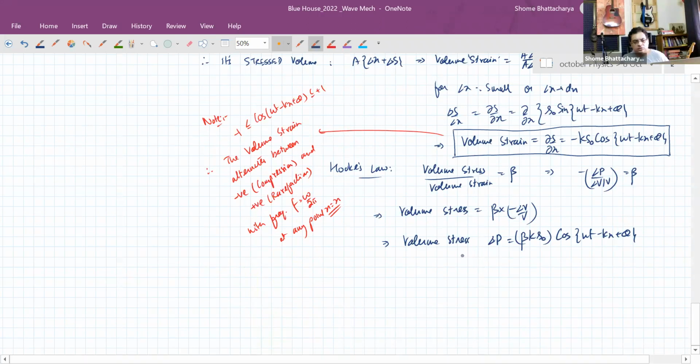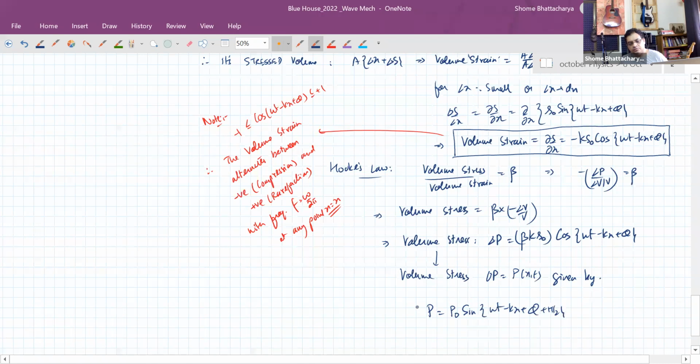Okay, so now what we do is this volume stress delta P is written as a function of x and t, given by P is equal to a pressure amplitude into sine omega t minus kx plus phi plus pi by 2, where P, what we write, is actually the volume stress.